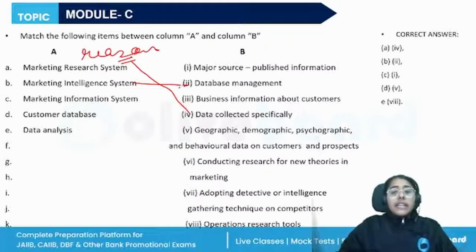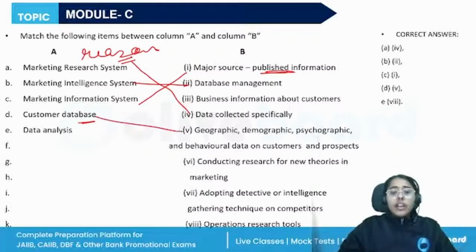Then the marketing information system, where the sources are used, primary and secondary. Primary are the customers, secondary are the published information like newspaper, articles. So the correct answer for C will be 1. And then customer database, the different type of data information which is stored about the customer.